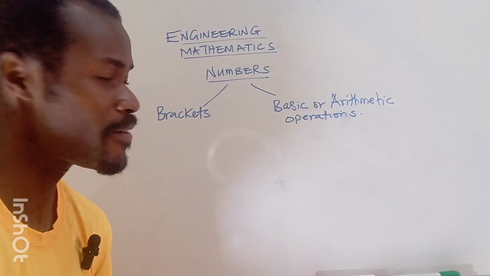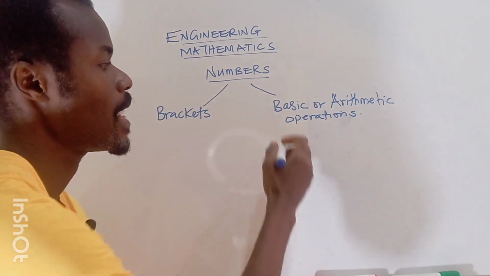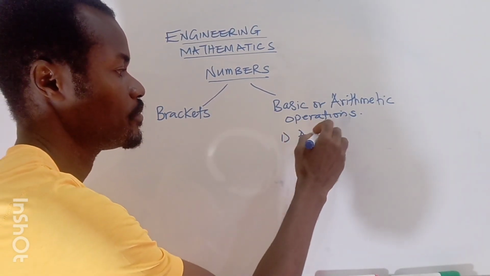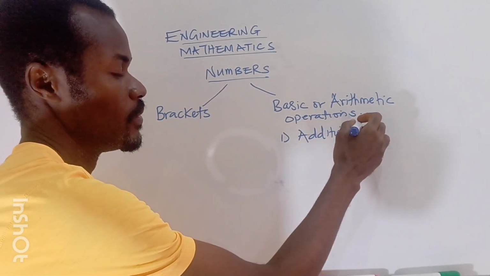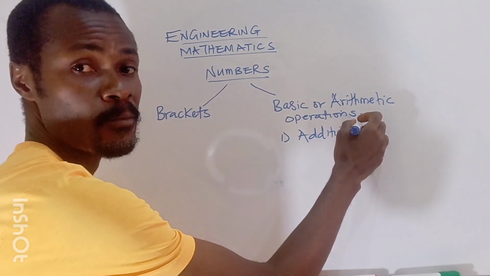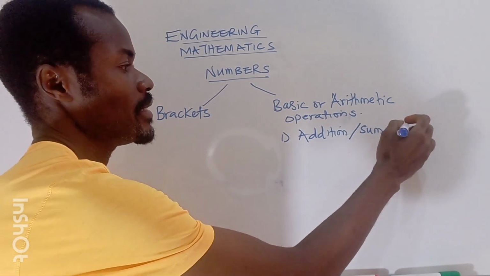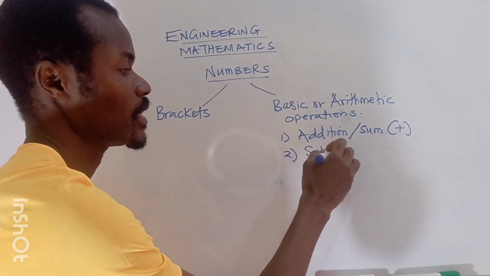All right, so we have four basic or arithmetic operations. I'll quickly write them. The first one we have is addition, which we also call sum. The sign is plus. The second one we have is subtraction.